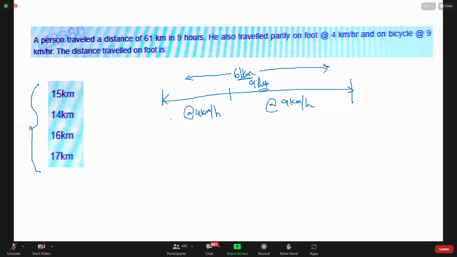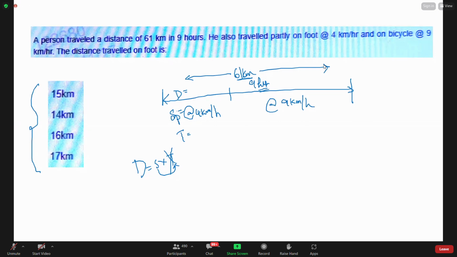The question clearly says this is the speed you have, and there is some distance here which you don't know. We need to find out the distance, and you don't even know the time. But you always know that distance is equal to speed into time. Forget about time. There is speed into something here. Do you remember the concept? We spoke about the concept on that day.